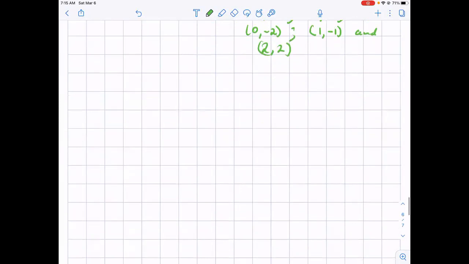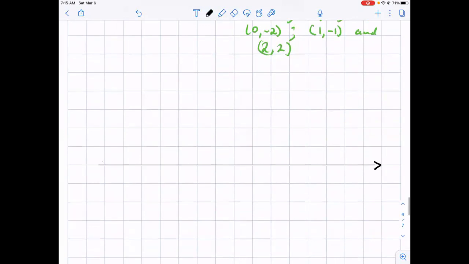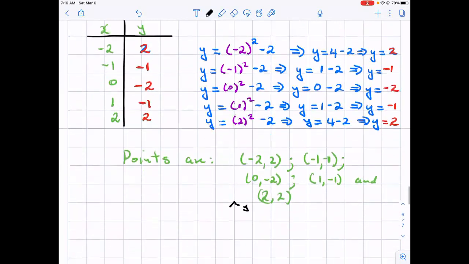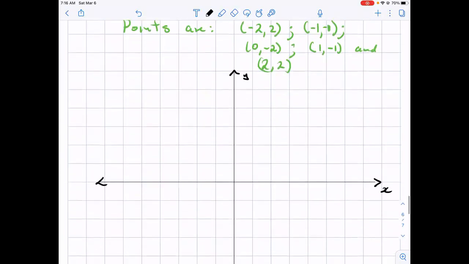Okay, so let's make a graph now. So here is my x-axis, and here is my y-axis. Since my y value only goes up to 2 and minus 2, I didn't need to make my graph this big, so we can move it up a little.